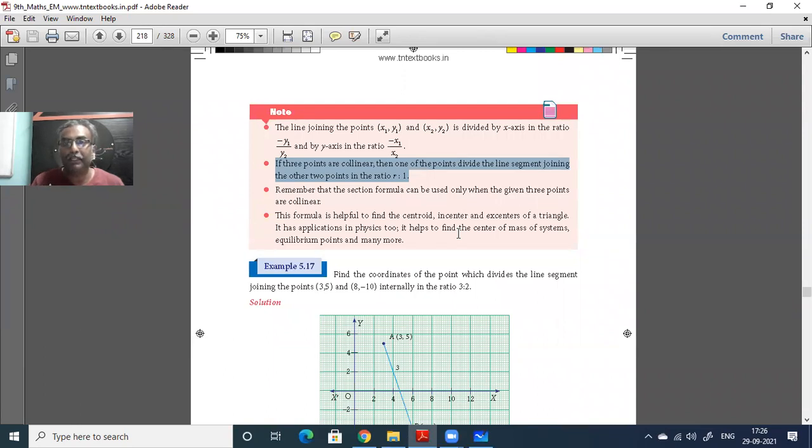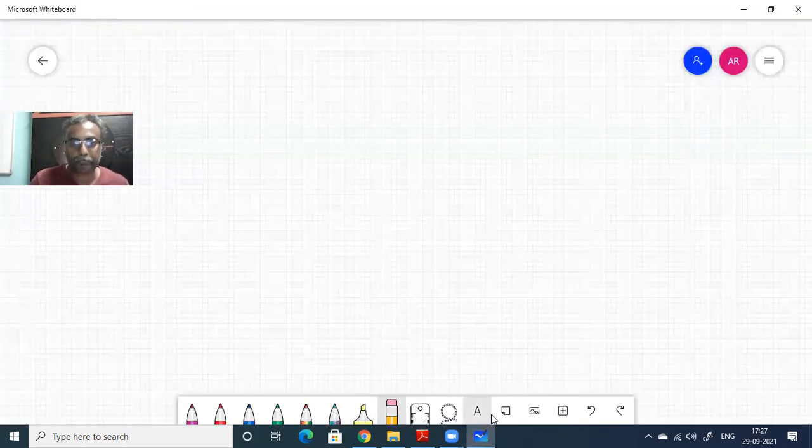B divides the line segment joining A and C in the ratio R:1. So we can say.